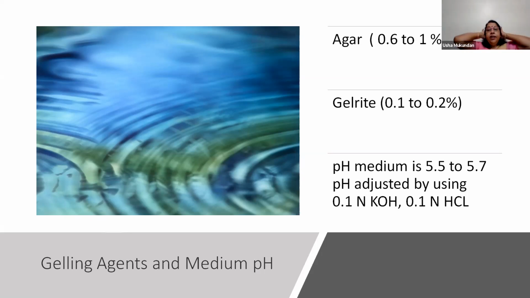Agar is a polysaccharide, and when you boil and cool agar, it will solidify. It is biologically inert. That means it does not provide any nutrition. It can only hold water. But you can have a better gelling agent called Gelrite, which is transparent in nature.